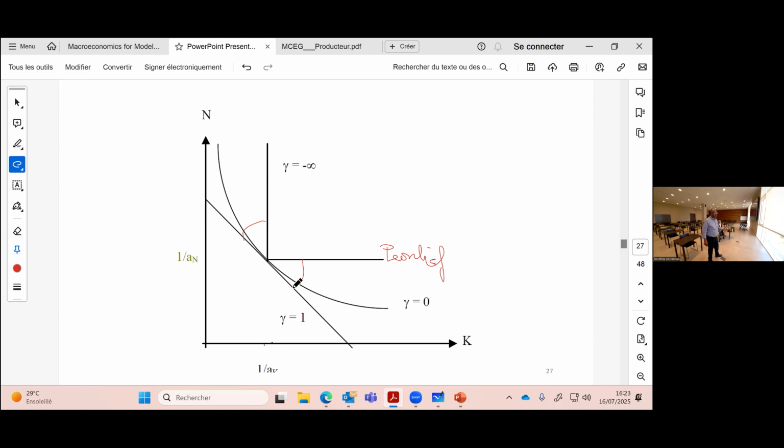This is the reason why in many models we have two possibilities. We are using a Cobb-Douglas production function, fixing the elasticity of substitution equal to 1, or we are using arbitrary values for the elasticity of substitution in different branches.